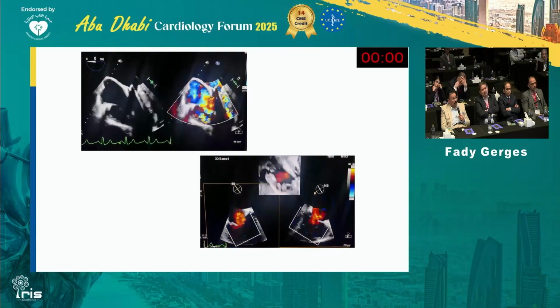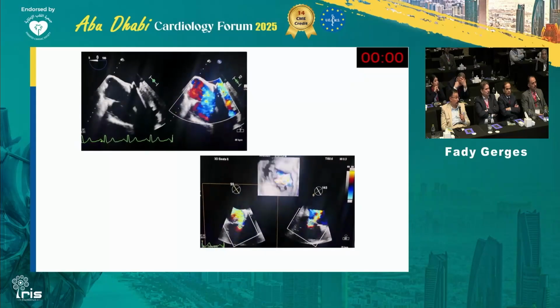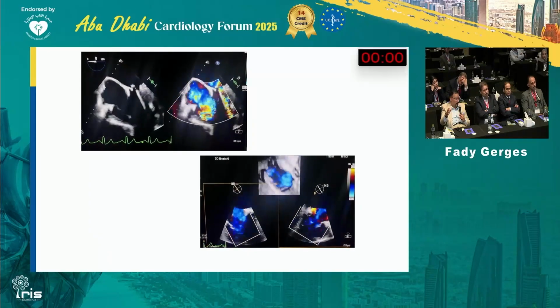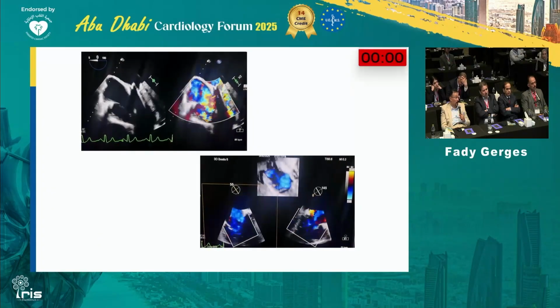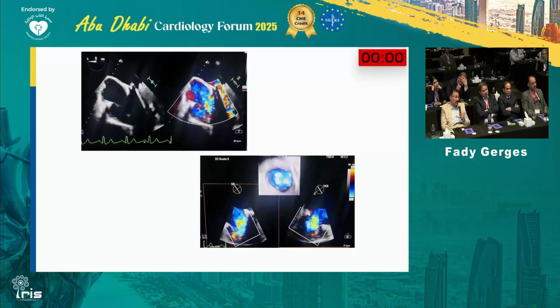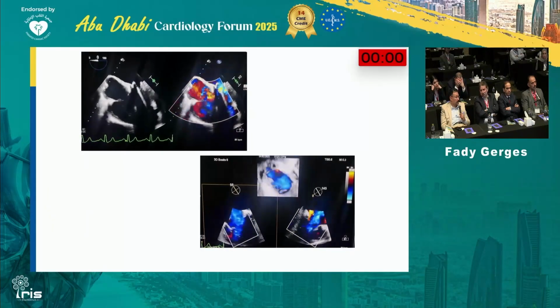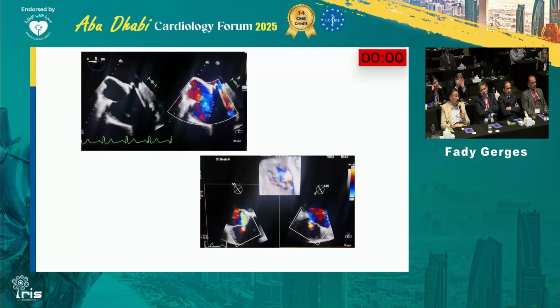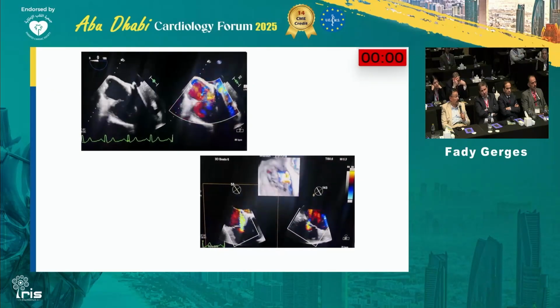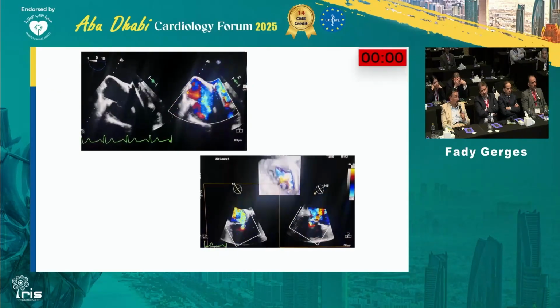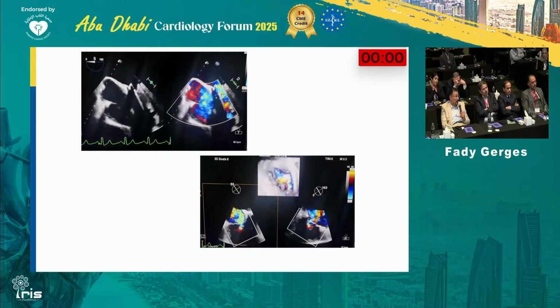And even the tricuspid can improve after repairing this mitral paravalvular leak. The most accurate way to treat this condition would be surgical if he is fit for surgery. If he's not fit for surgery, then the transcatheter occluder will do the job.